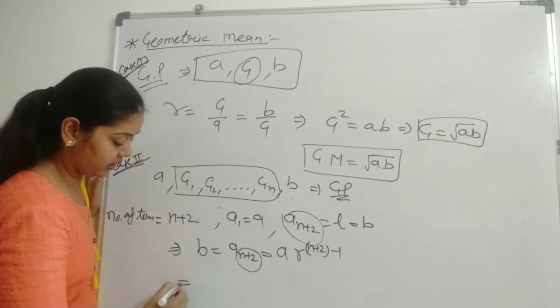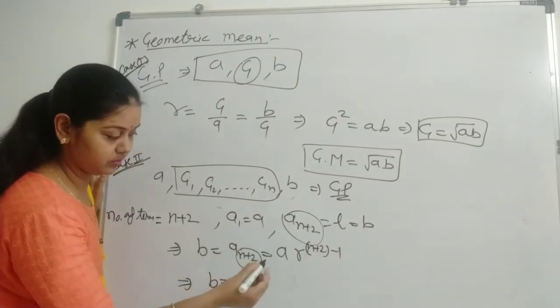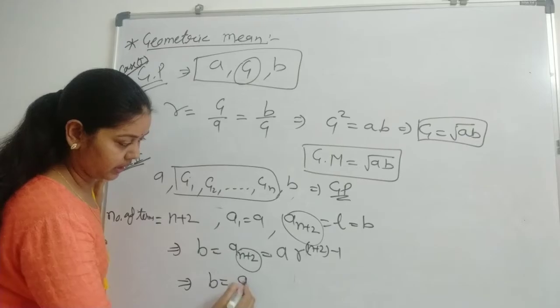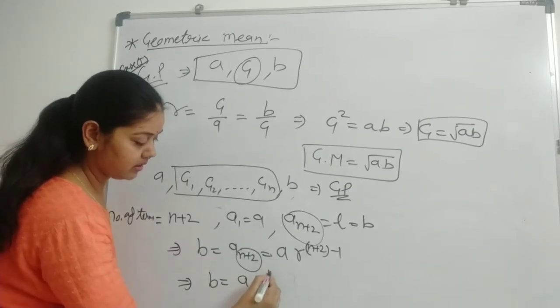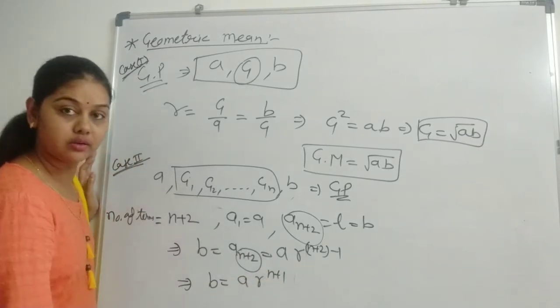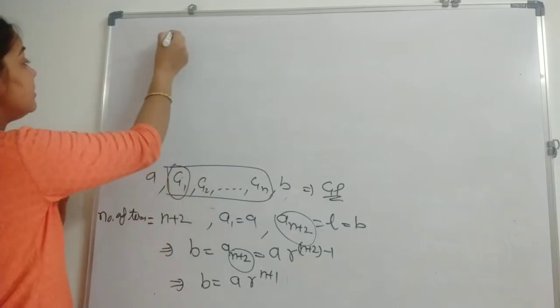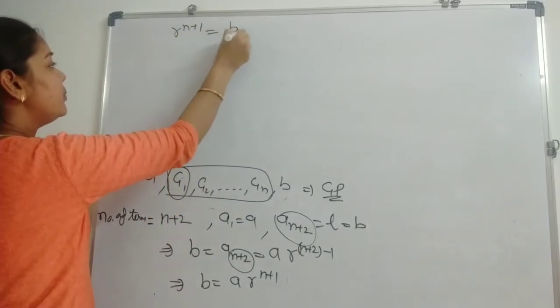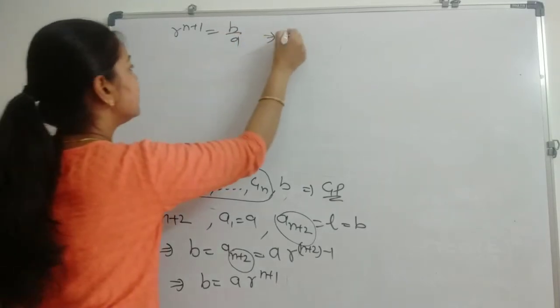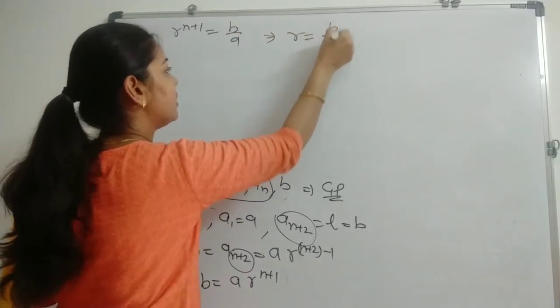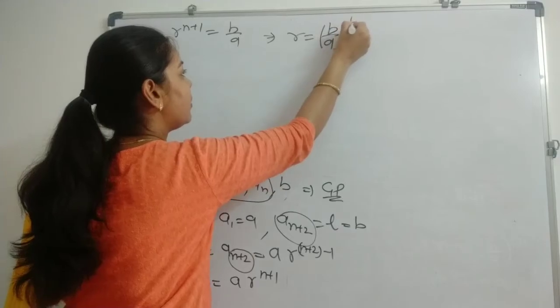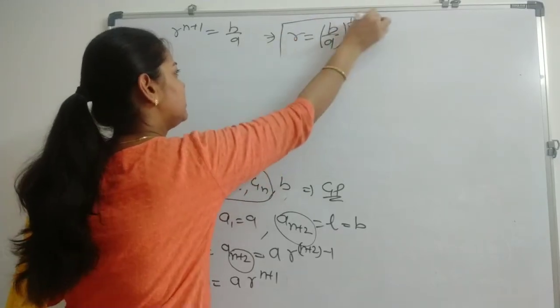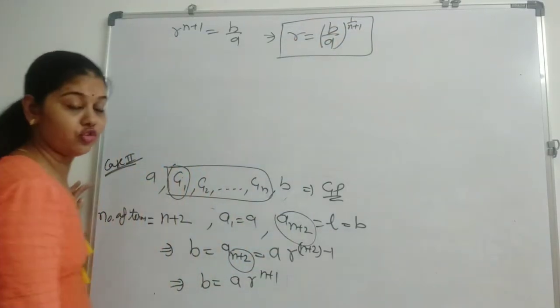It means b will be equal to a r raised to power n plus 1. So what can I write here? r to the power n plus 1 will be equal to b upon a. It means r will be equal to (b upon a) whole to the power 1 upon n plus 1. This is our common ratio.